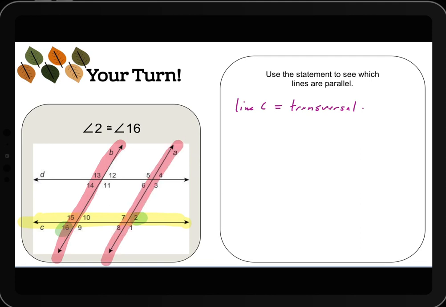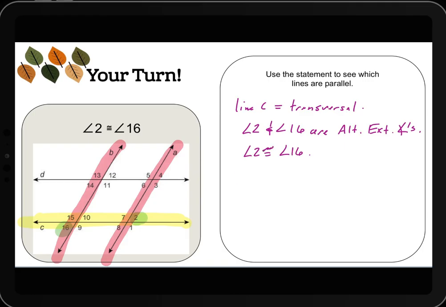So we can say the following. Angle 2 and angle 16 are alternate exterior angles. Angle 2 is congruent to angle 16. That's the given condition, right? That's what they're establishing as a fact for us, as the hypothesis.